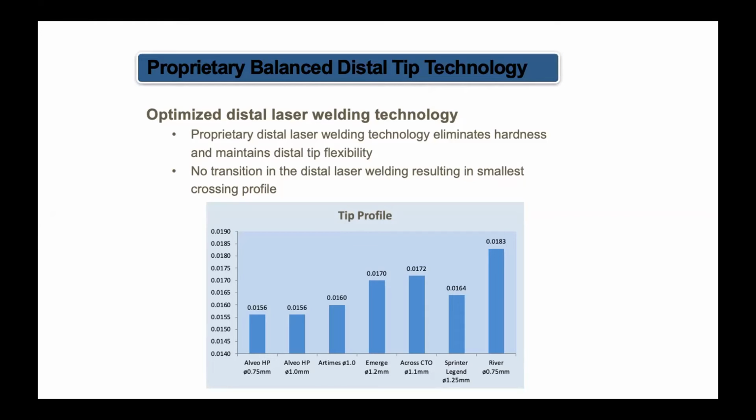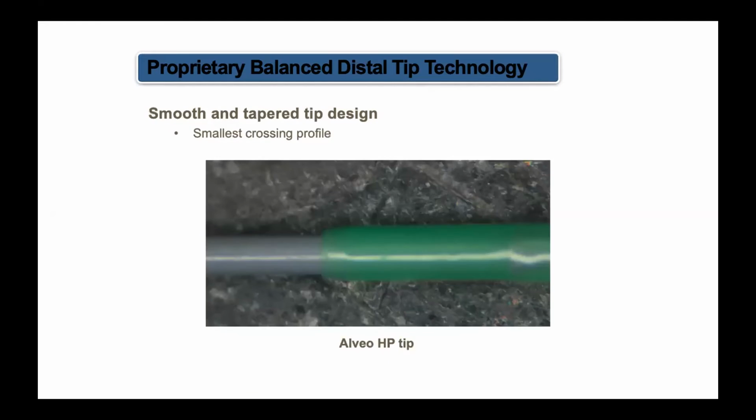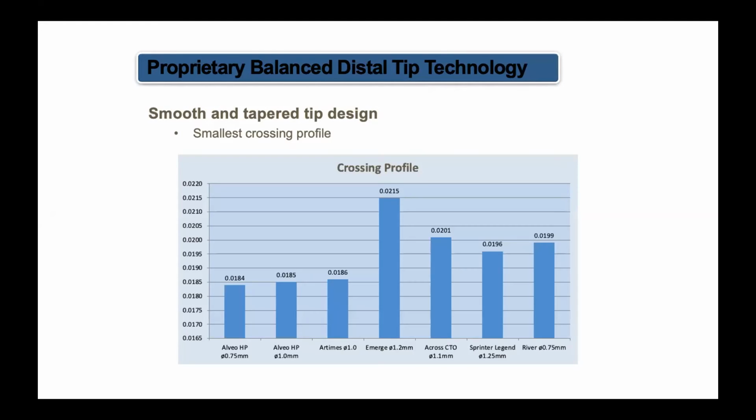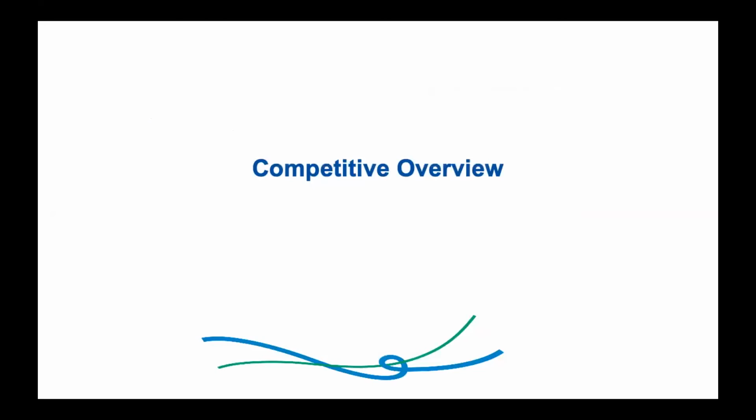We can see that the Alveo has the best tip profile as compared to Arc Times, Emerge, Across CTO, Sprinter, and River. Here we can see the Alveo tip. Here we can notice that among all the other balloons, the Alveo has the smallest crossing profile.